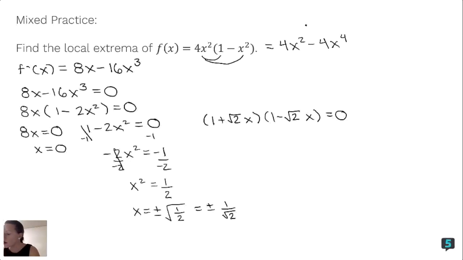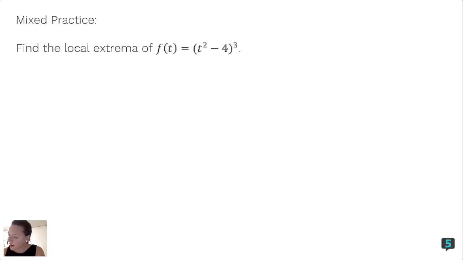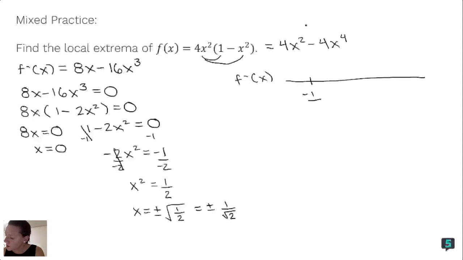Okay, so sometimes I have students at this point that feel a little bit uncomfortable with the fact that they've got square roots in their answers. Don't let that worry you, okay? We are going to make our number line just like always. And we are going to put on our number line negative 1 over the square root of 2, 0, and positive 1 over the square root of 2.